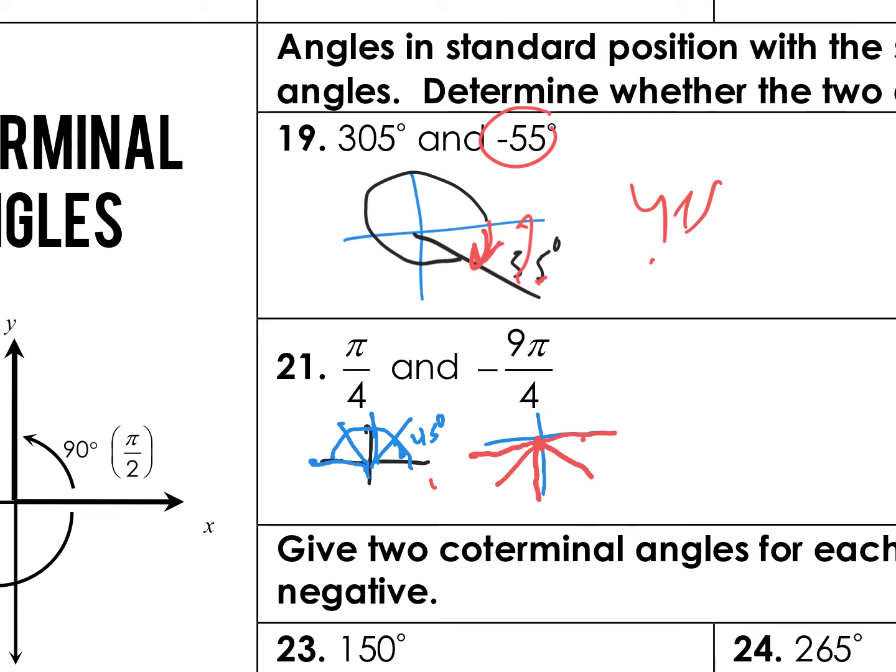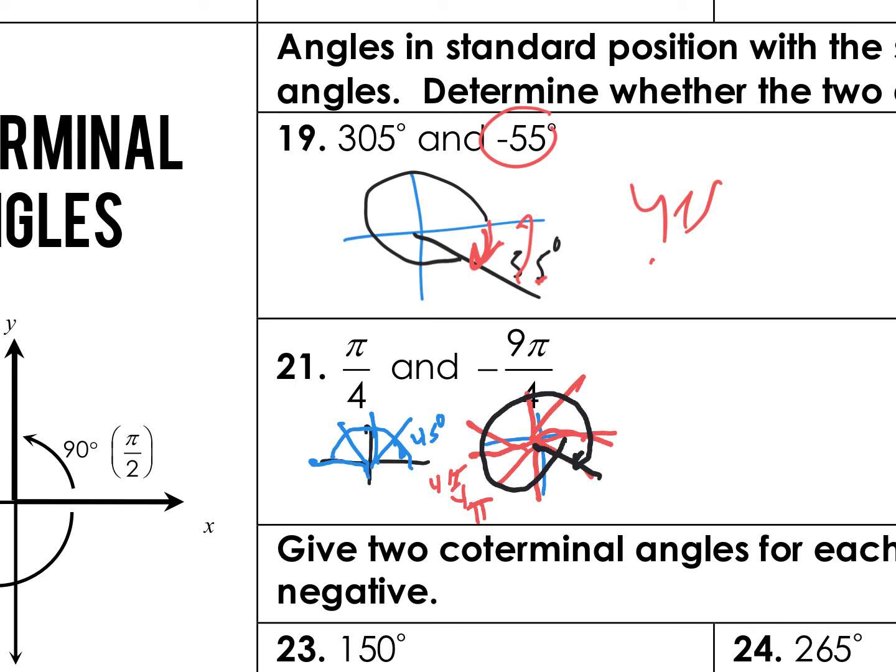Interesting. 4 pi over 4 is pi. Now, of course, these are all negative because I'm going clockwise. So there's 4 pi over 4, 5 pi over 4, 6 pi over 4, 7 pi over 4, 8 pi over 4, wait for it, 9 pi over 4. Because this little bugger went all the way around until it got to here.